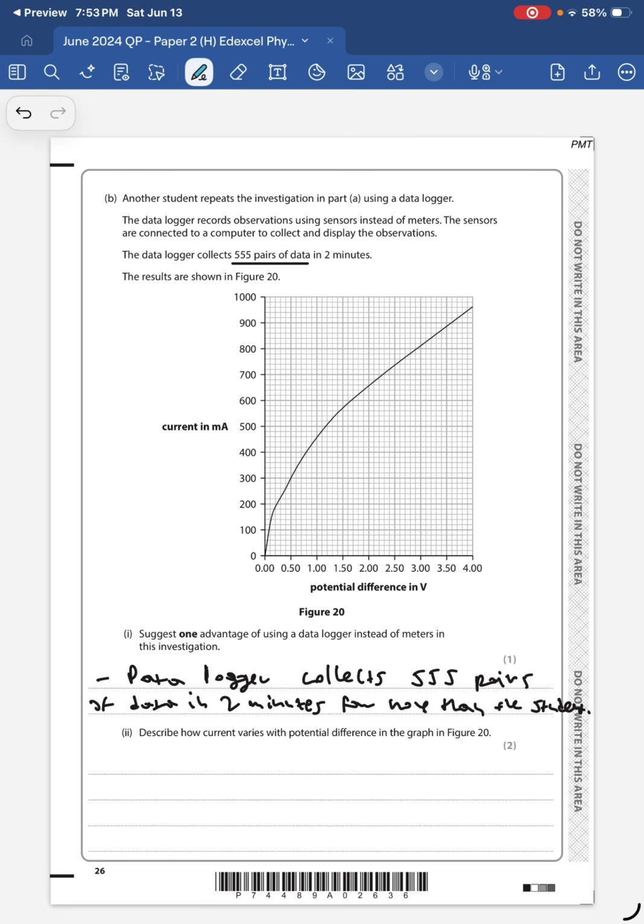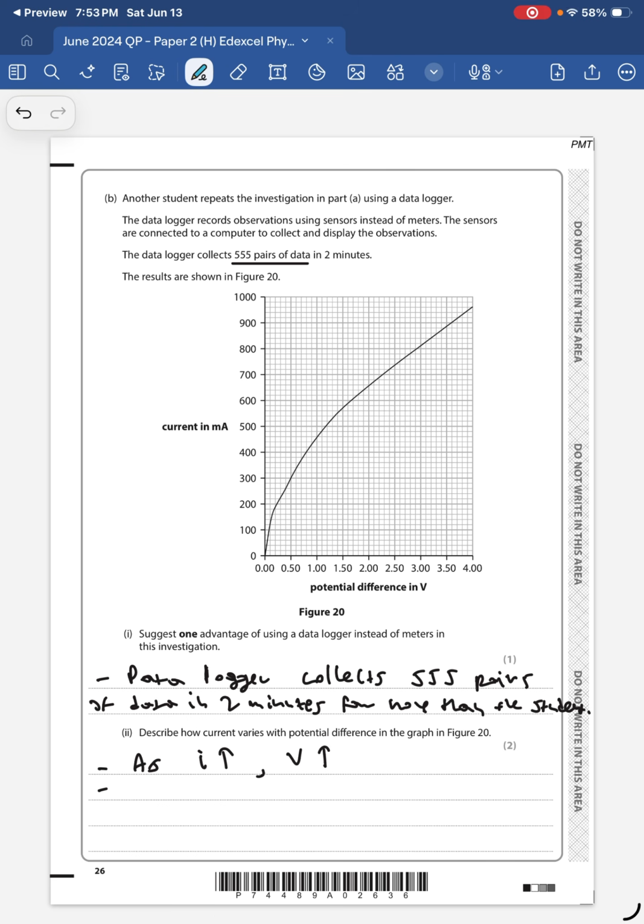Okay, part 2, describe how current varies with potential difference in the graph in figure 2. So we can see that as current increases, the potential difference also increases, right? But this is not a linear relationship. I mean, it's not a straight line like that. Okay, so we are going to describe this right now.